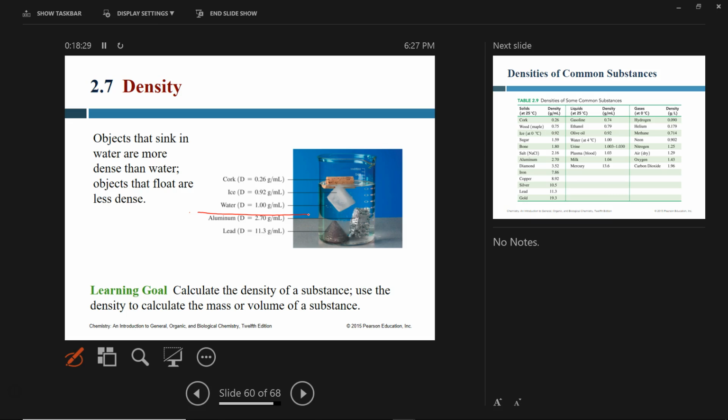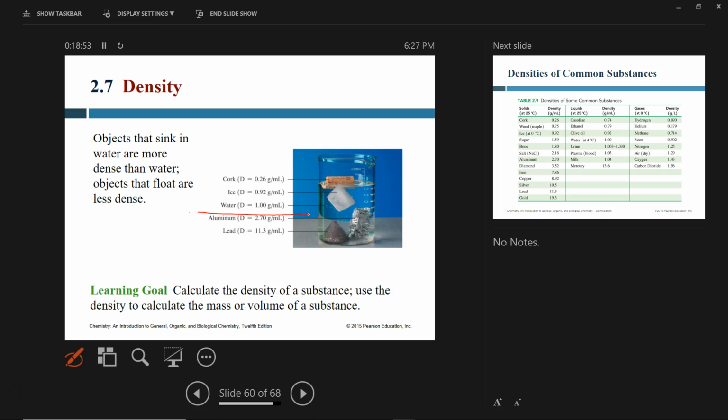So first, we figured that objects that are denser than water would sink in it, less dense will float. And that applies to any liquid, really. For instance, if you take iron with the density, I want to say 5.6. I'm not sure.